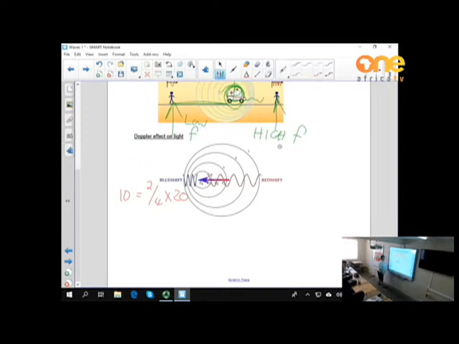All right? If I ask you to determine that one, how would you do it? I would divide 10 by 2 over 4, which would be the same as 10 over 1 times 4 over 2. Multiply with the reciprocal. All right? And that would give me 20. So my formula can also look like the following.